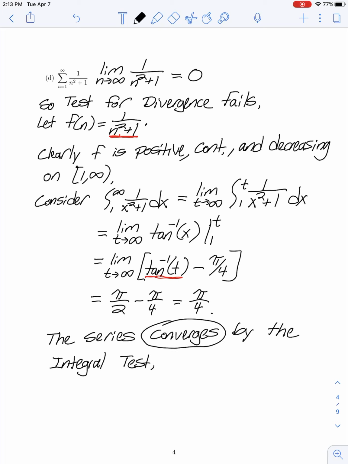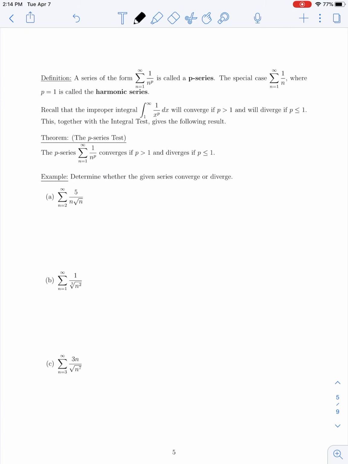So we're seeing a few examples where the integral test might be necessary to determine convergence or divergence of a series. And this integral test, combined with a result that we saw a little bit earlier in the course, will give us a new test for convergence of certain types of series. So let's start by defining a new type of series.